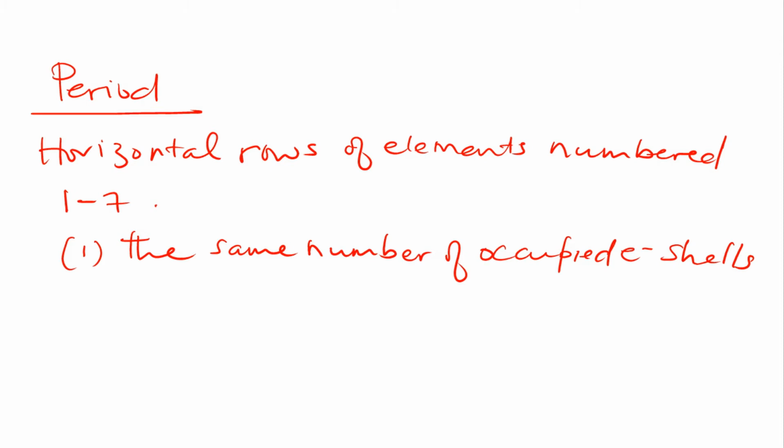So all elements in period 3 have 3 shells, and in period 2 have 2 shells. That's essentially what it's saying.